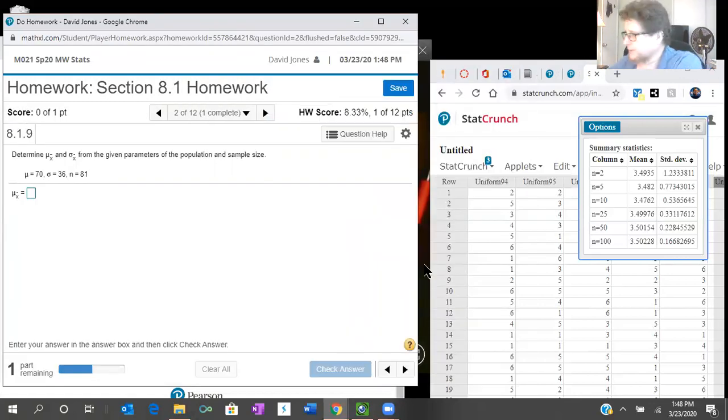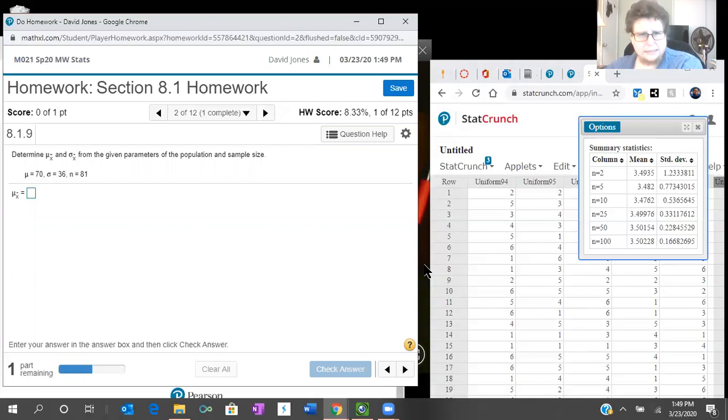Question number 2. So I'm going to write it down. And I'll switch back over to the camera so you can see what I'm doing. But I want to write down the numbers first. My mean is 70. My standard deviation is 36. And they give me n equals 81.